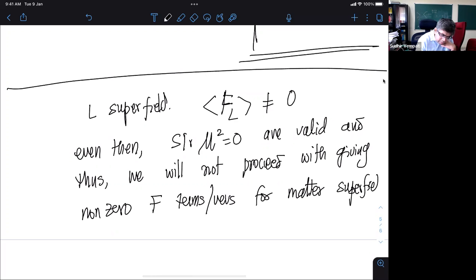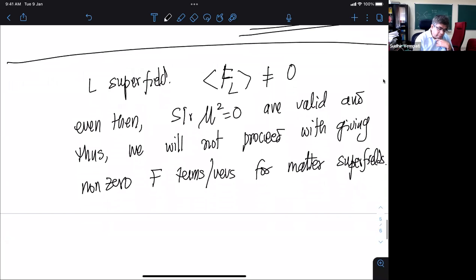For all the matter superfields, this is true.